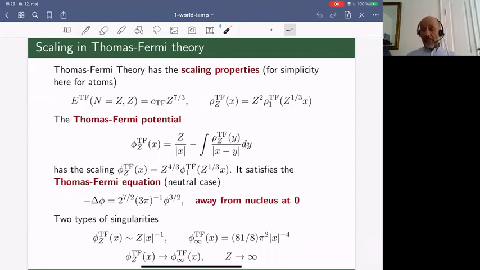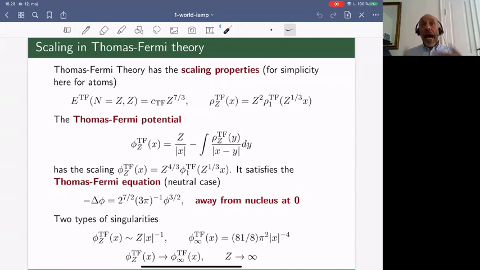So the atom, and here is already one characteristic scale of the Thomas-Fermi atom. The characteristic scale of the Thomas-Fermi atom is that x behaves like z to the minus 1/3. I mean, the length scale of ρ1 does not depend on z, it's order 1. So this thing here should be order 1, meaning that x is of order z to the minus 1/3.